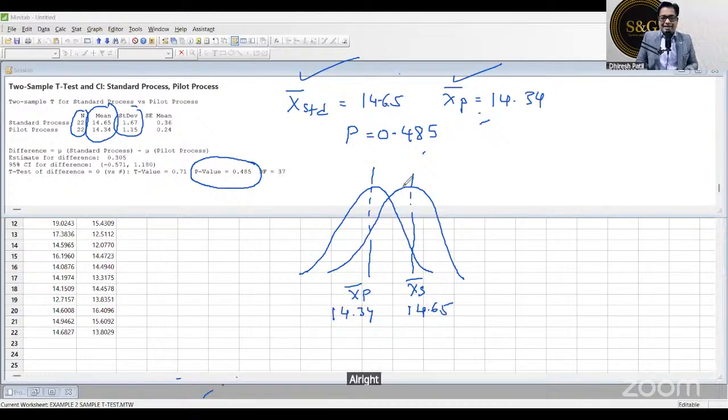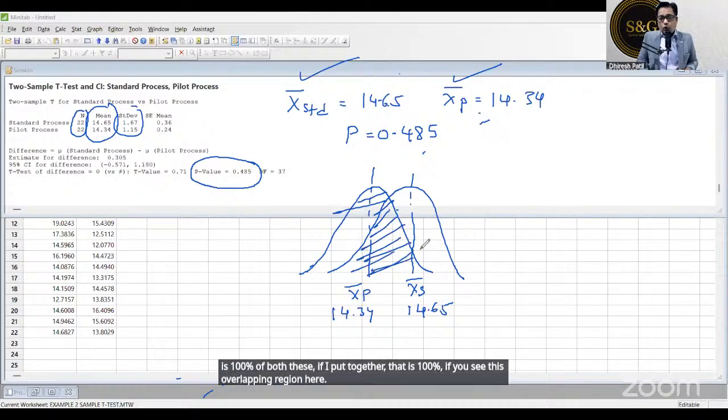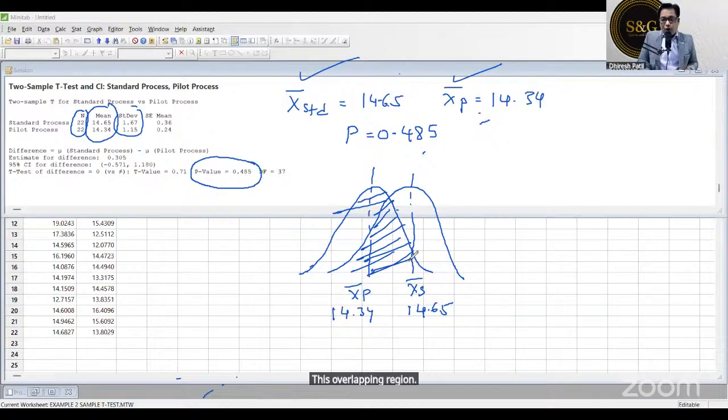Imagine the area under the curve of both of these put together is 100%. This overlapping region is 48.5% out of this 100%. 48.5% is nothing but 0.485.